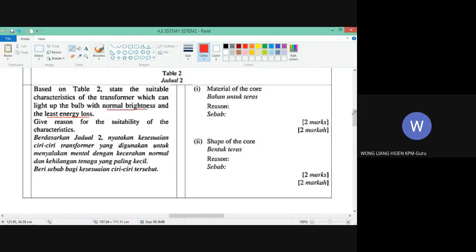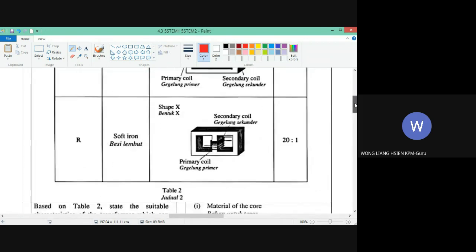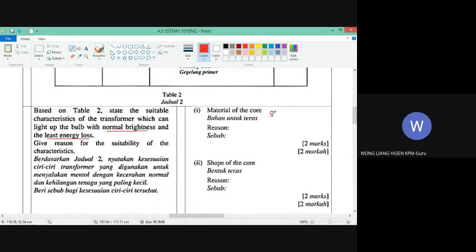So material of the core, we want soft iron. Soft iron. Why is it that we want to choose soft iron?